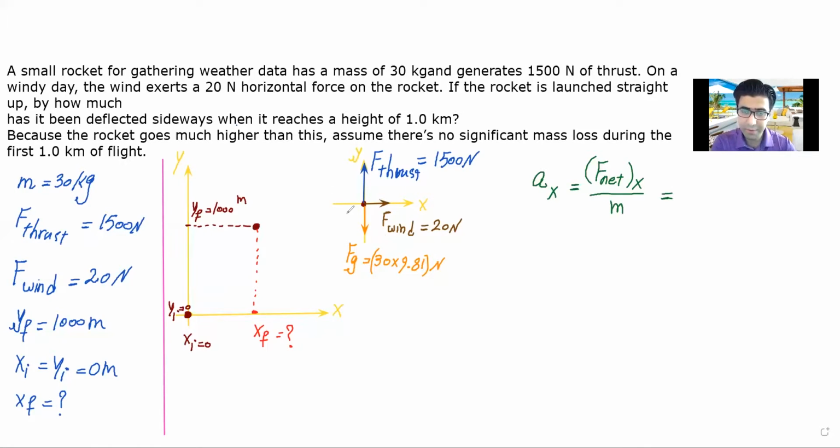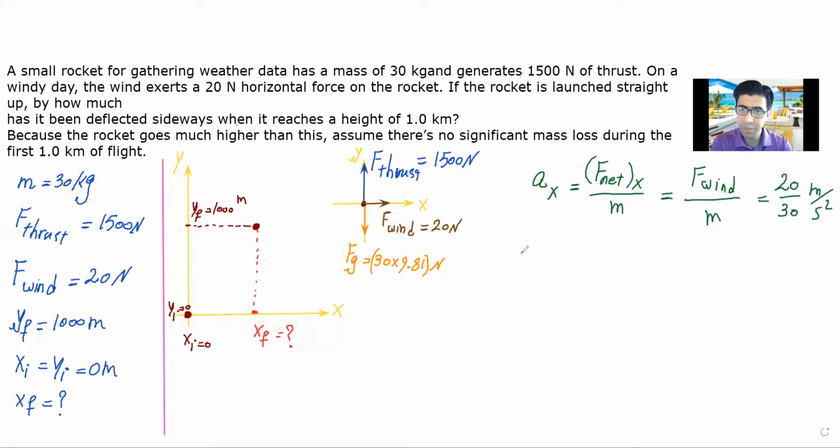By looking at this free body diagram, as you can see, the only force we have in x direction is the force of wind. There is no other force, assuming that there is no air drag in x direction and y direction. So here we are going to have just force of wind over mass, and we have these two given pieces of information. Force of wind is 20 and mass is 30, so it's going to be 20 over 30 meters per second squared.